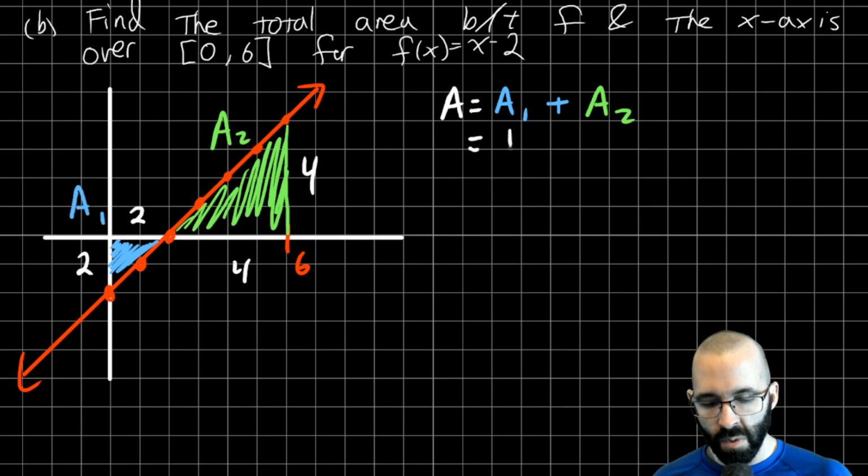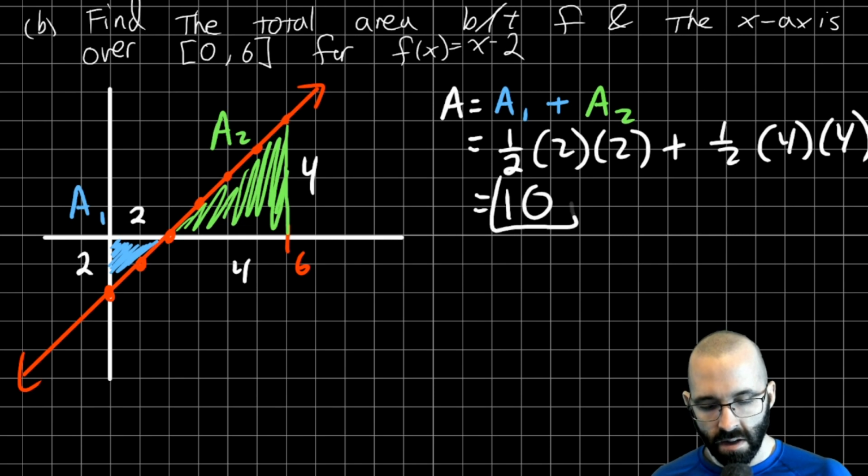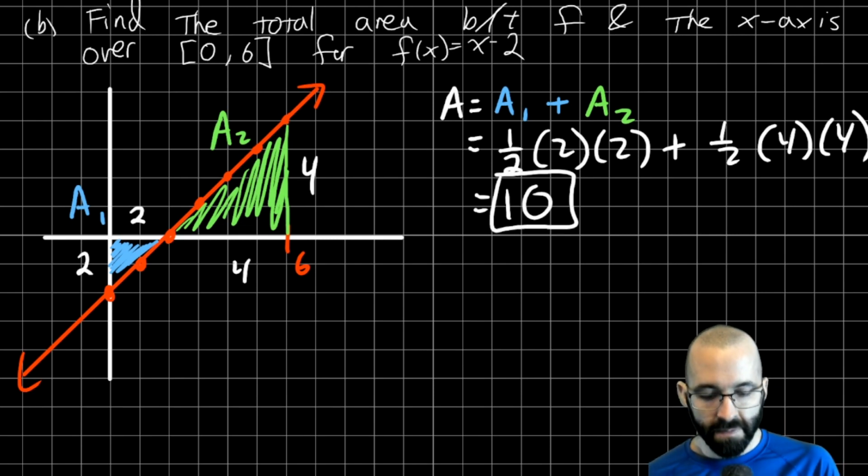So that's just going to be 1/2 base times height, because they're triangles, plus 1/2 base times height. Total area is going to be 2 plus 8. Total area is 10. The integral, if it asked us about the integral, it would be less than 10.